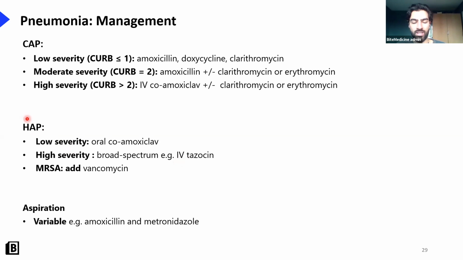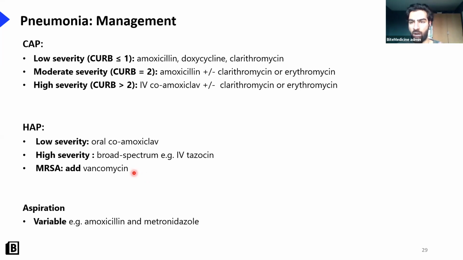You're not just thinking Strep pneumoniae, you're thinking about things like Pseudomonas, etc. If the patient has confirmed MRSA, then you can add in vancomycin. Remember, vancomycin covers MRSA. In aspiration pneumonia, again, the treatment is variable. That's because of the wide range of bacteria that can cause aspiration pneumonia.